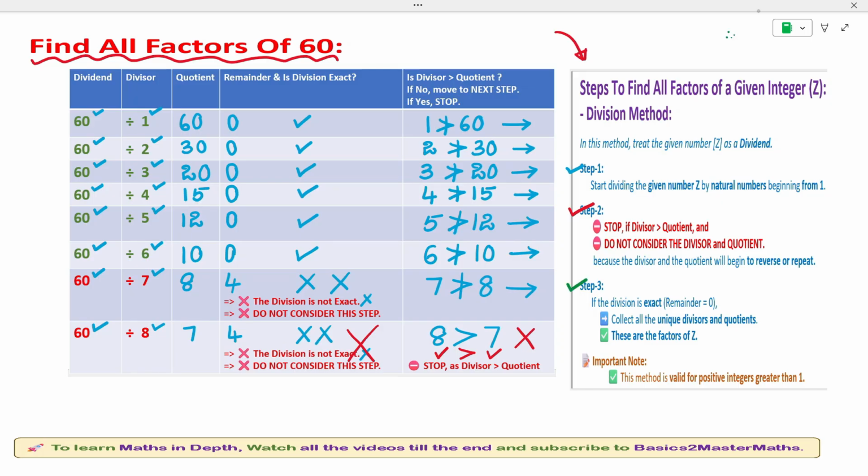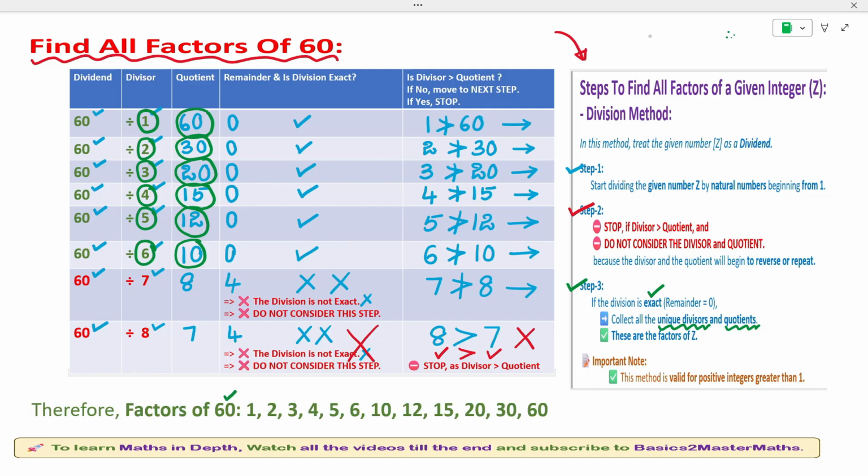Step 3. If the division is exact, then collect all unique divisors and quotients. In this case, they are 1, 2, 3, 4, 5, 6, 10, 12, 15, 20, 30, and 60.